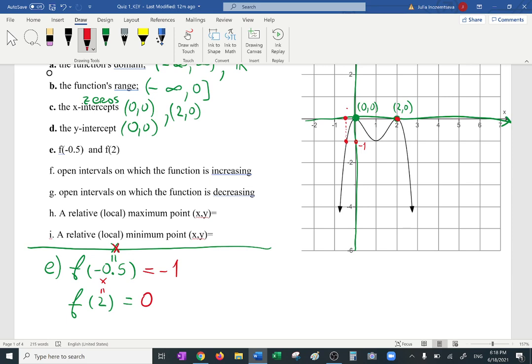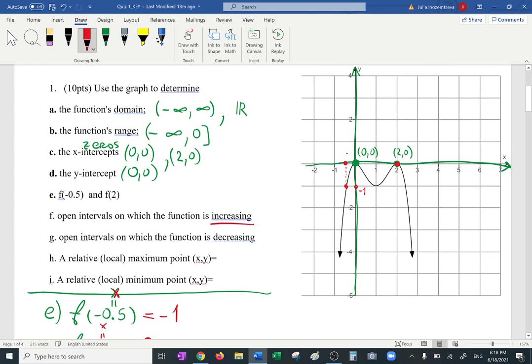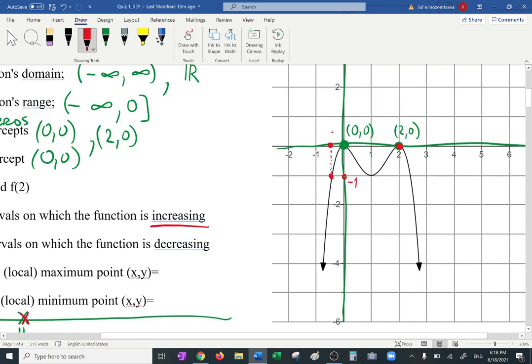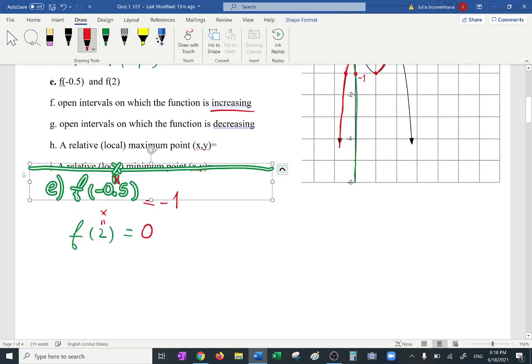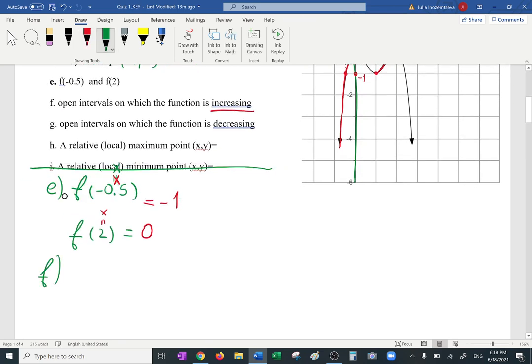Now for F, they want us to find open intervals in which the function is increasing. The way I teach it, you put a pencil on the graph of the function. If the pencil is going up, this is where the graph of the function is increasing. See, it stopped increasing. And then over here, it keeps increasing more. So what is going to be the answer for F?